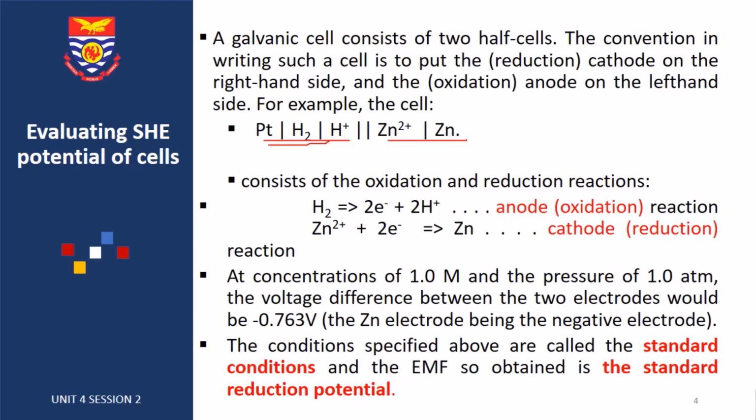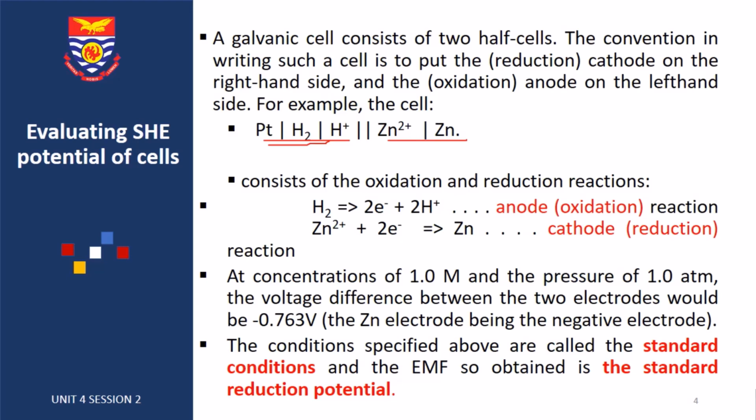At concentrations of 1 molar and the pressure of 1 atm, the voltage difference between the two electrodes has been experimentally determined, and the value measured was negative 0.76 volt. Which means that the zinc electrode has a standard electrode potential of negative 0.76 volt. The conditions specified above are called the standard conditions, which we said earlier on, and the EMF so obtained is a standard reduction potential.